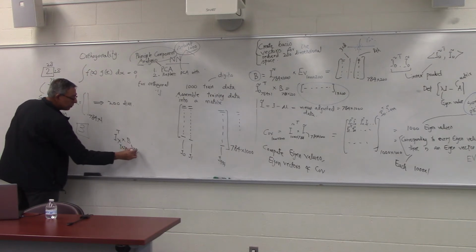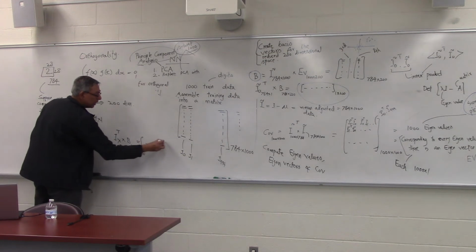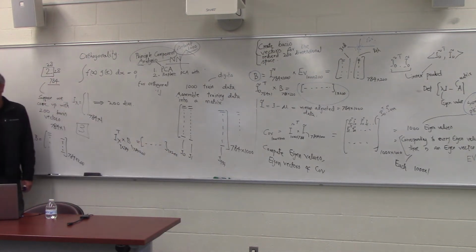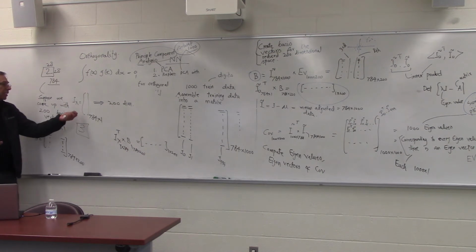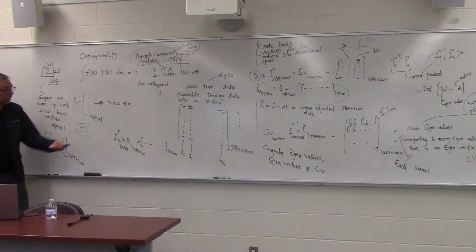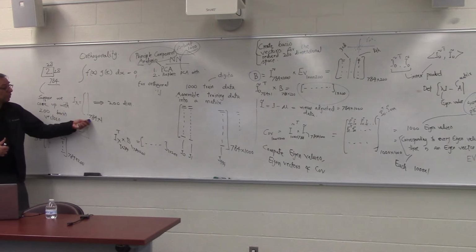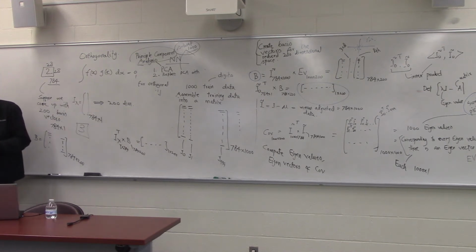Times 784 by 200. Won't I get 200 numbers, meaning a 1 by 200 matrix? So you see how easily, once we have the bases, just multiply it with the bases and you will get the 200 reduced dimension. So 784 dimensional data has been reduced to 200 dimensions.